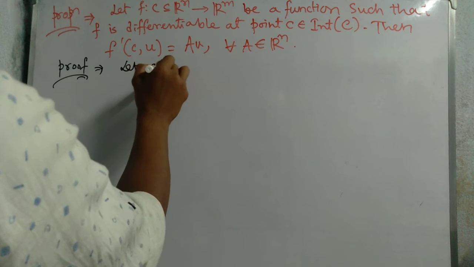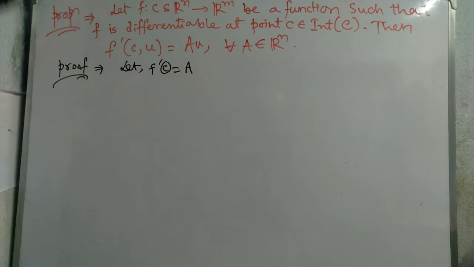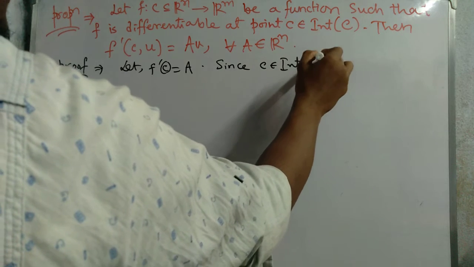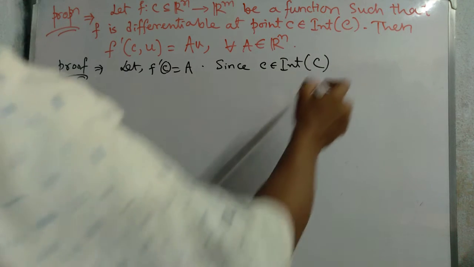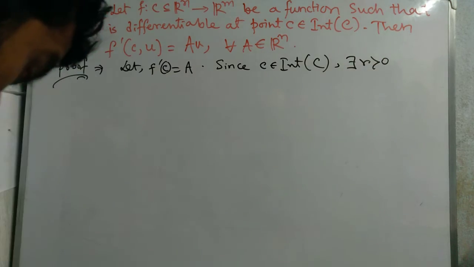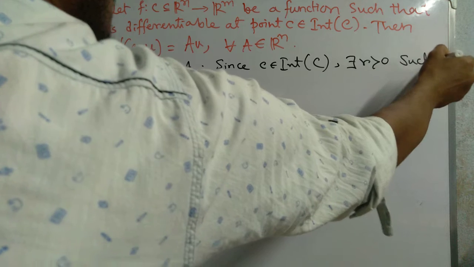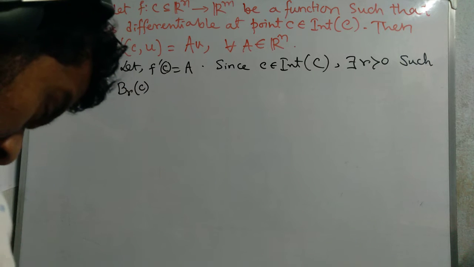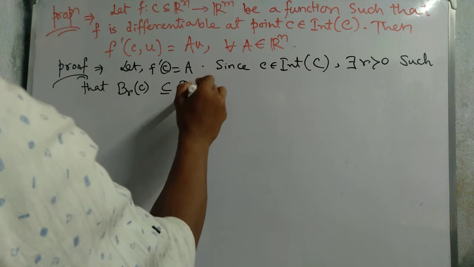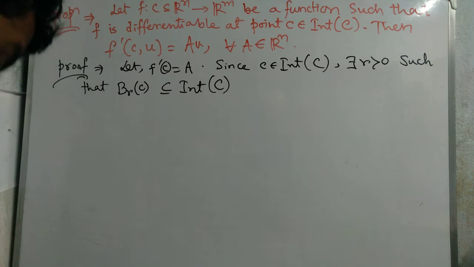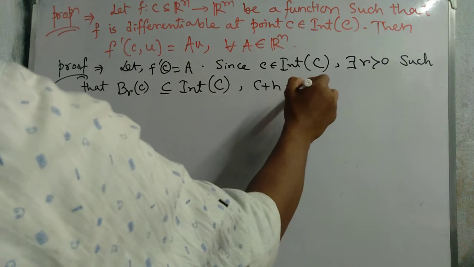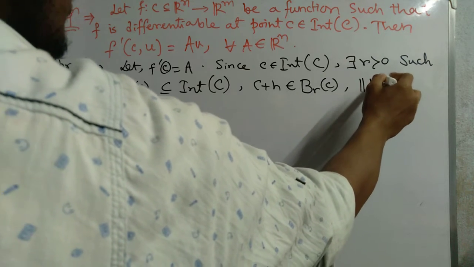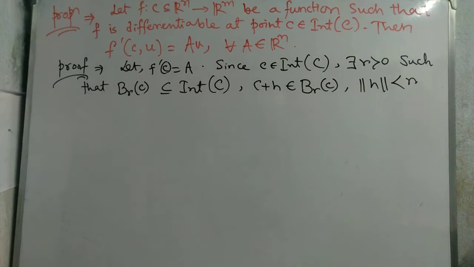Let f'(c) equal A. Since c belongs to interior of C, there exists r greater than 0 such that B_r(c) is a subset of interior of C, and c plus h belongs to B_r(c) where norm of h is less than r.